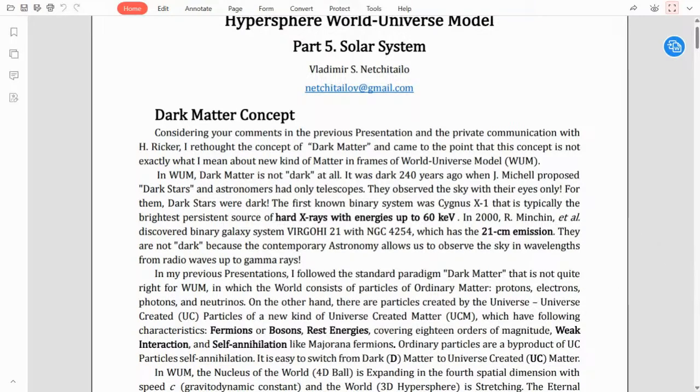On the other hand, there are particles created by the universe, a new kind of universe-created matter, which have the following characteristics: fermions or bosons, rest energies covering 18 orders of magnitude, weak interaction, and self-annihilation like Majorana fermions. Ordinary particles are a byproduct of UC particles' self-annihilation. It is easy to switch from dark D matter to universe-created UC matter.